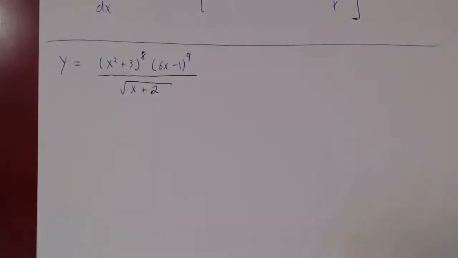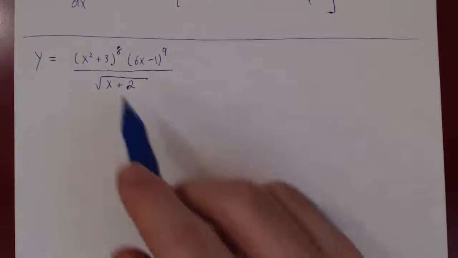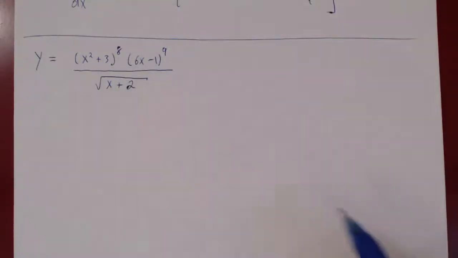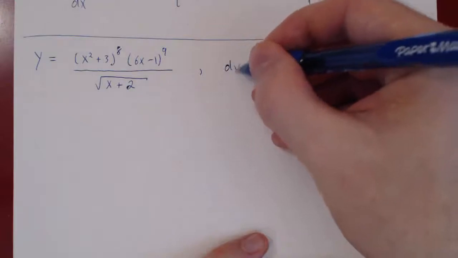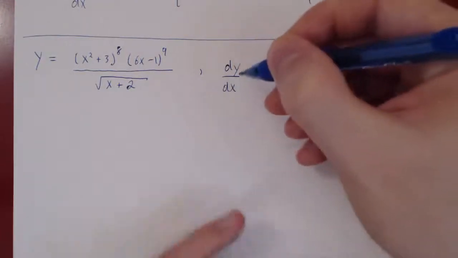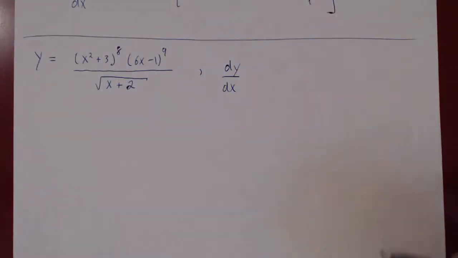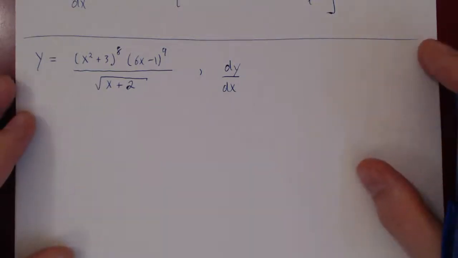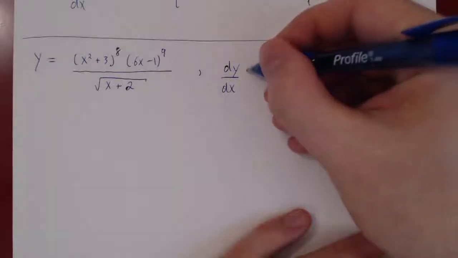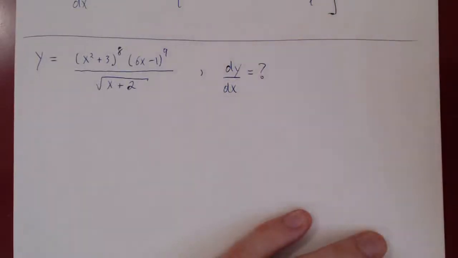Let's now use properties of logarithmic functions, specifically ln, to simplify the expression and then differentiate using implicit differentiation. So here, as before, we want to find dy over dx. But remember here, and in this case we'll use all three properties. We want the derivative.